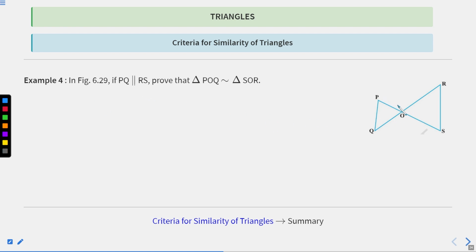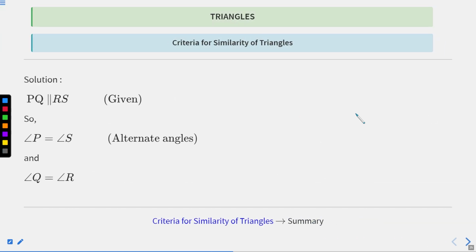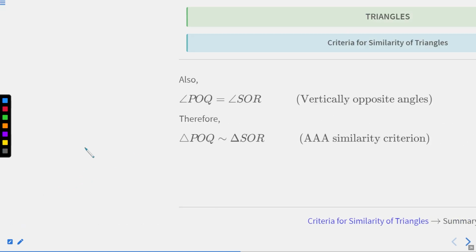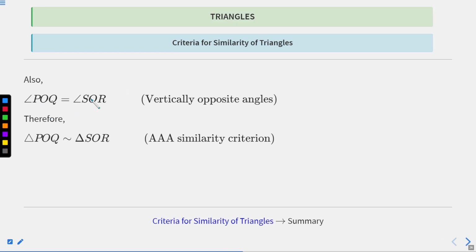PQ is parallel to RS, and we have to prove that triangle POQ is similar to triangle SOR. Since PQ is parallel to RS, as alternate angles, angle P is equal to angle S, and angle Q is equal to angle R. Also angle POQ is equal to angle SOR, as they are vertically opposite angles.